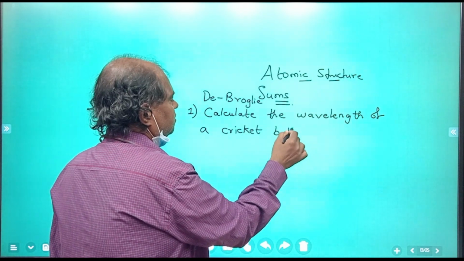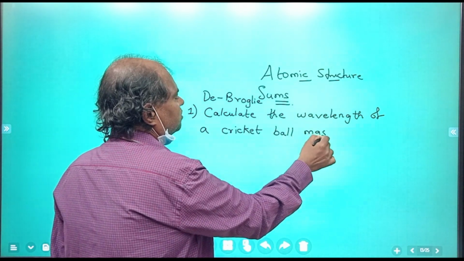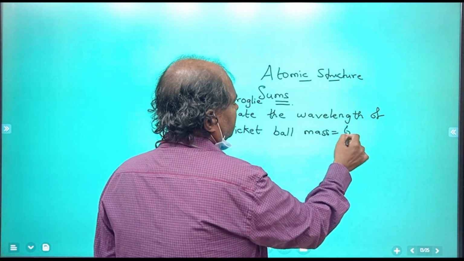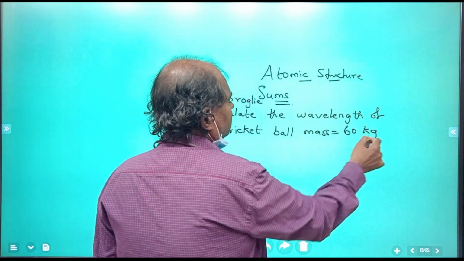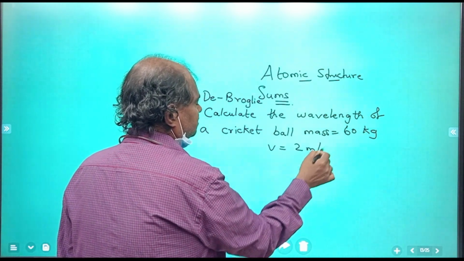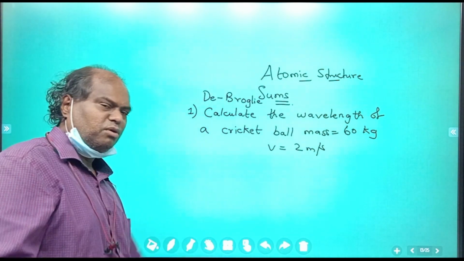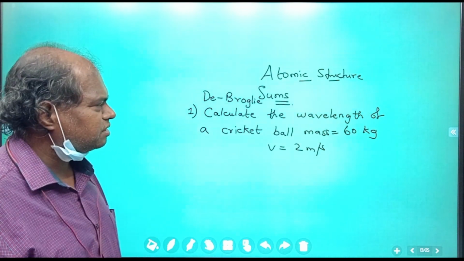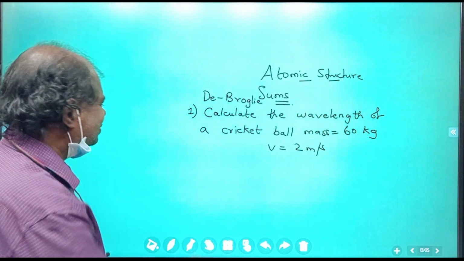The mass I'll give you. Suppose the mass is maybe like 60 kg, and it travels with a velocity of maybe 2 meters per second, because a very fast bowler is bowling. V is 2 meters per second. So, how do we do this question now?